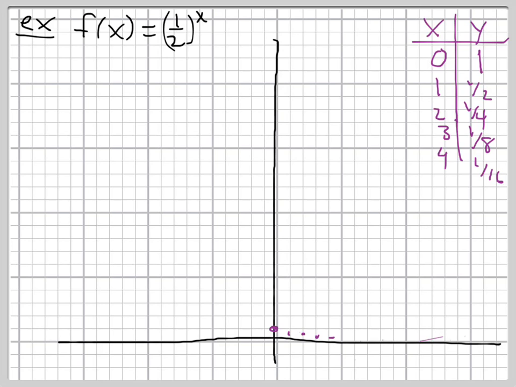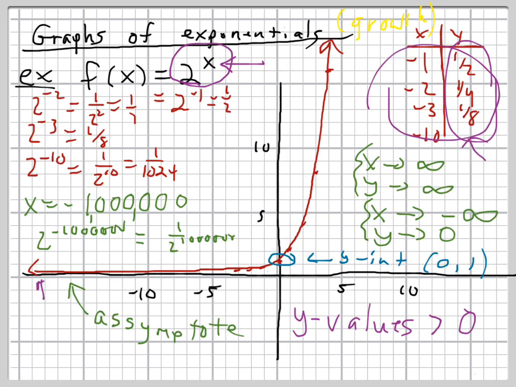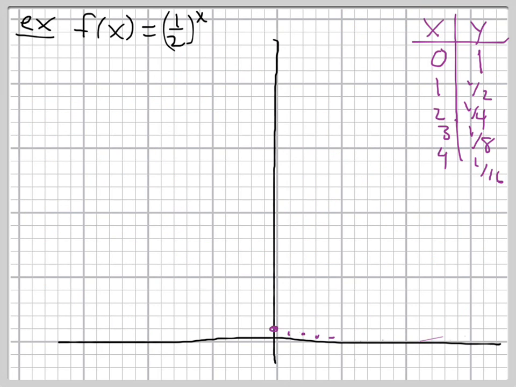In fact, it looked like what was happening on the right side was the same thing that was happening on the left side over there. I wonder if it's going to be the same in the other direction. So let's try some negative values. I'm going to just make a new t-table up here for negative values. What if x is negative 1? Alright, well, what is 1/2 to the negative 1?